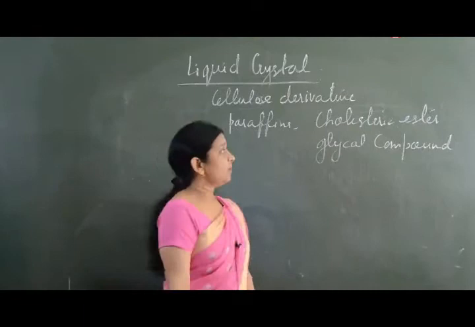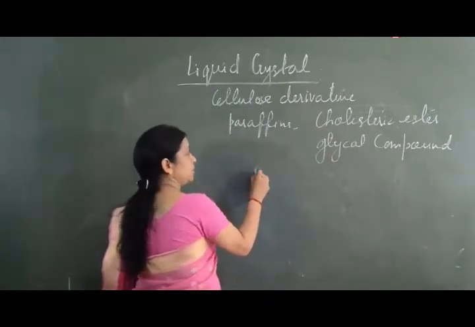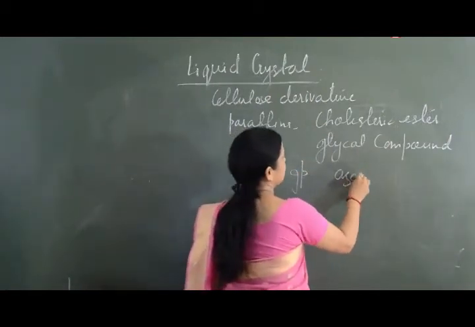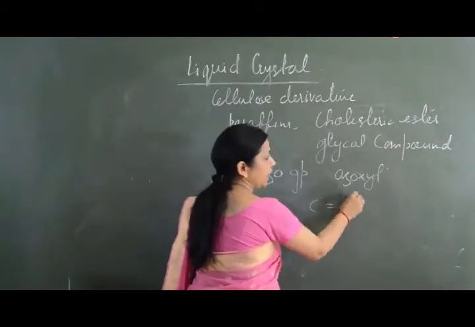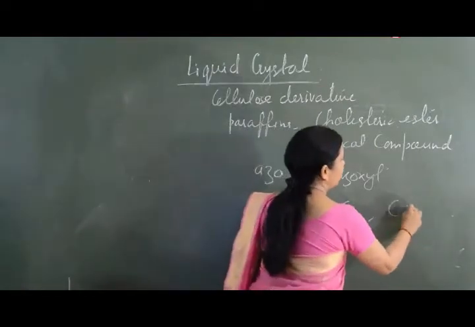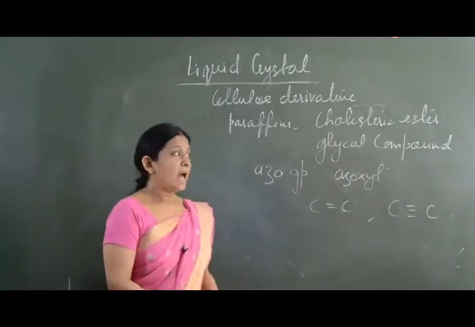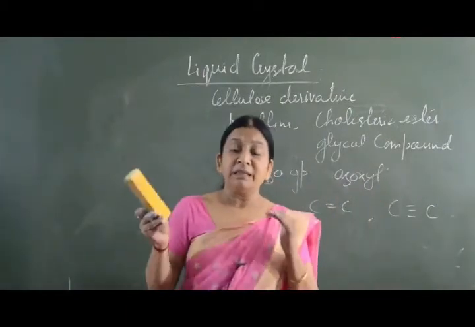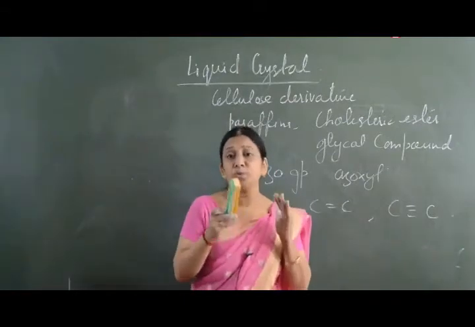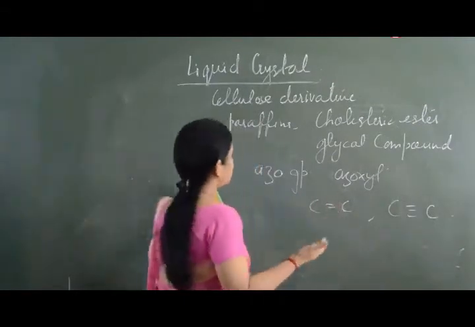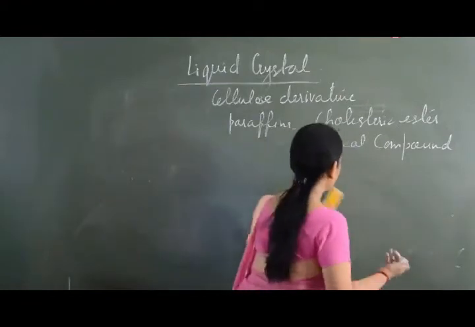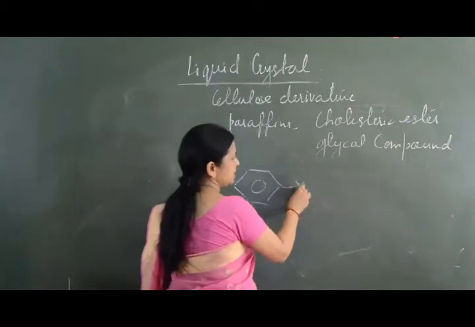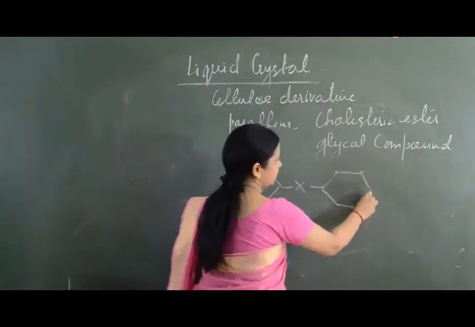Now why this behavior is there: suppose the compound contains an azo group, or an azoxy group, or it has a carbon-carbon double bond, or a carbon-carbon triple bond, and along with these it has a long chain of hydrocarbon, that compound is going to behave as a liquid crystal. If I have to write in general, the structure of liquid crystal is this, just an example, not the actual structure.